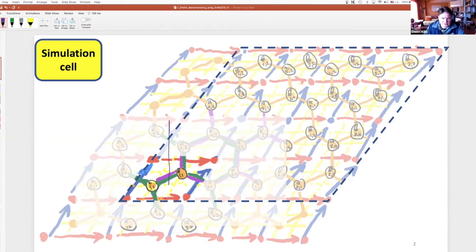It will be periodic in X and Y, but twice as big. And for the sake of computation, it's beneficial to use this non-orthogonal unit cell.